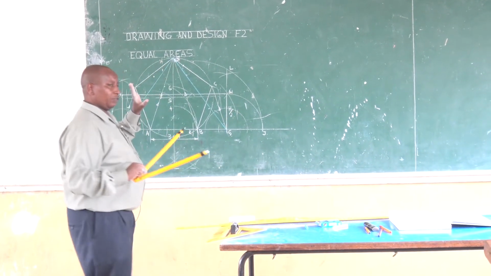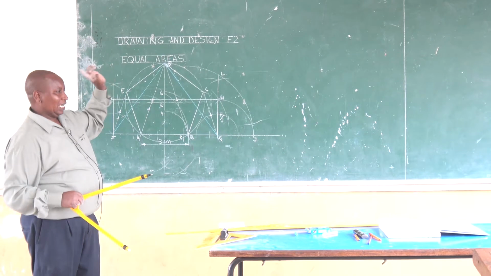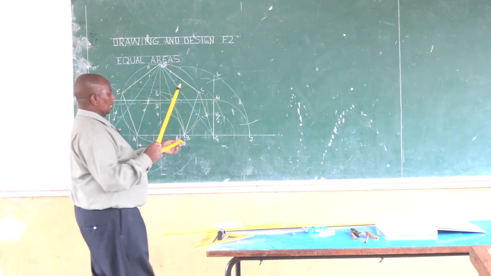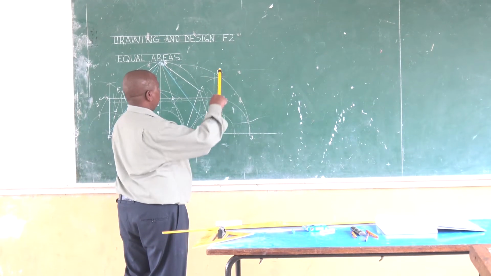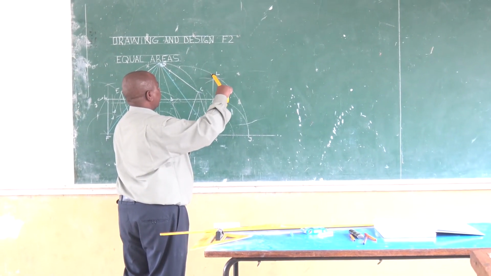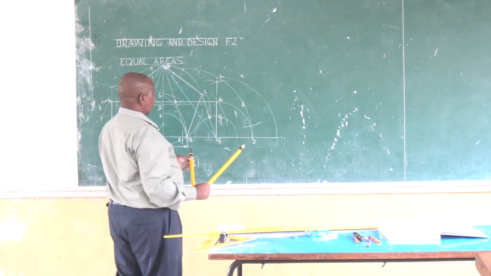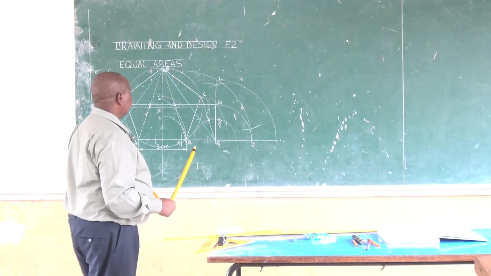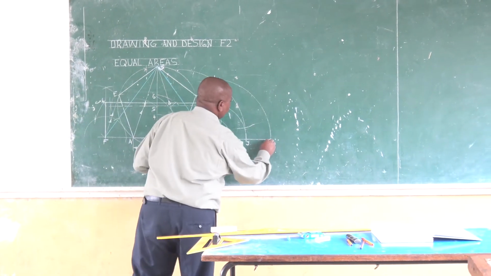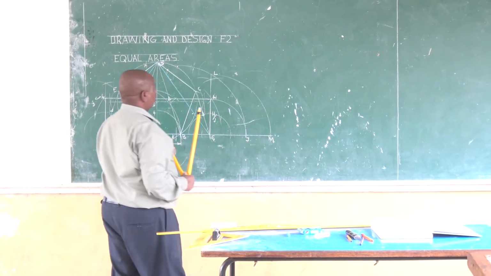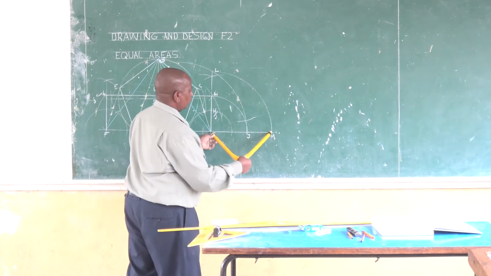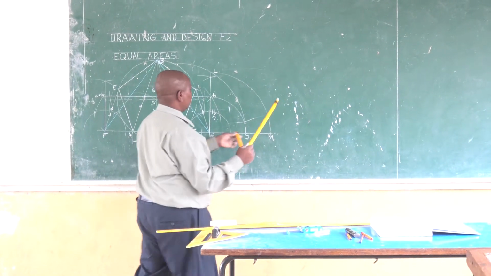So the first line in the square is GL. Therefore, from GL, we can proceed to draw the square by drawing an arc there to touch the line FG produced at point M. So GM is also the second side of the square that we are pursuing.